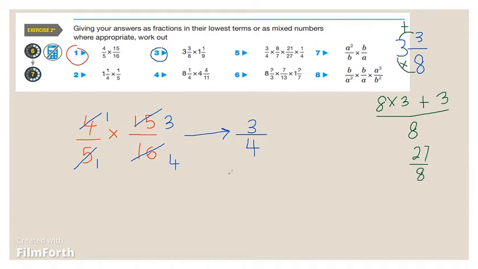So then I'm going to do the third question. Then I have 27 over 8 because I have changed it to improper. Similarly I'm doing my second one. Look how I'm doing it. 9 times 1, it's 9. 9 plus 1, right? It's 10. So I'm getting 10 over 9.